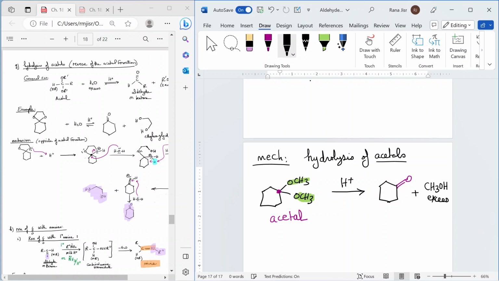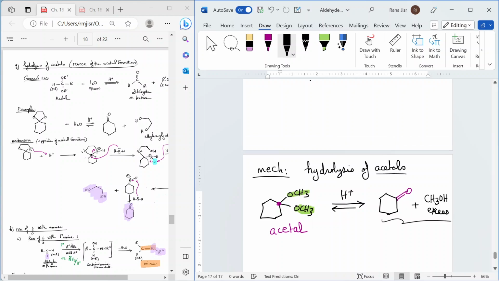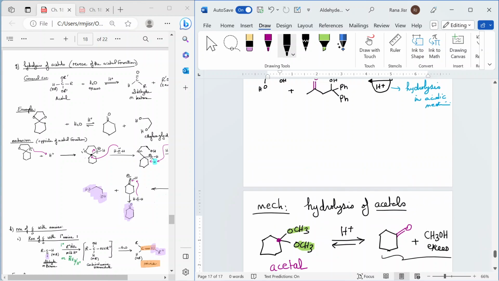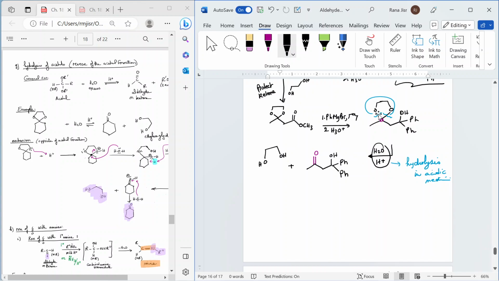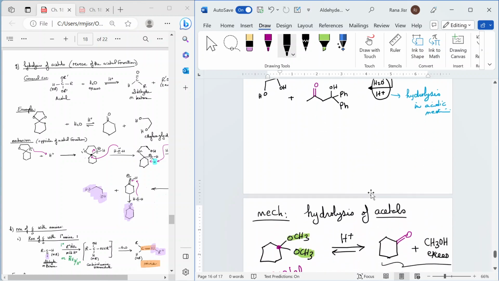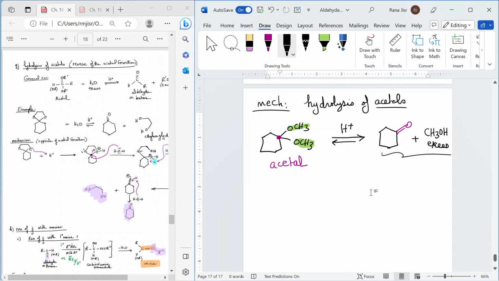This is going to be the product of the hydrolysis, and it is again a reversible reaction. It's exactly as I did up there whenever I did the hydrolysis. So I broke these two bonds, I stuck a hydrogen to each of these oxygens, and then I made a carbonyl in there. Okay, so that is the mechanism of the reaction.